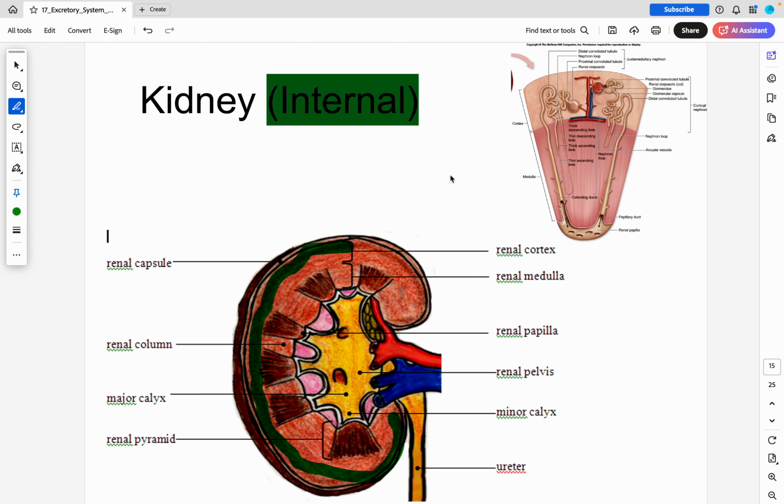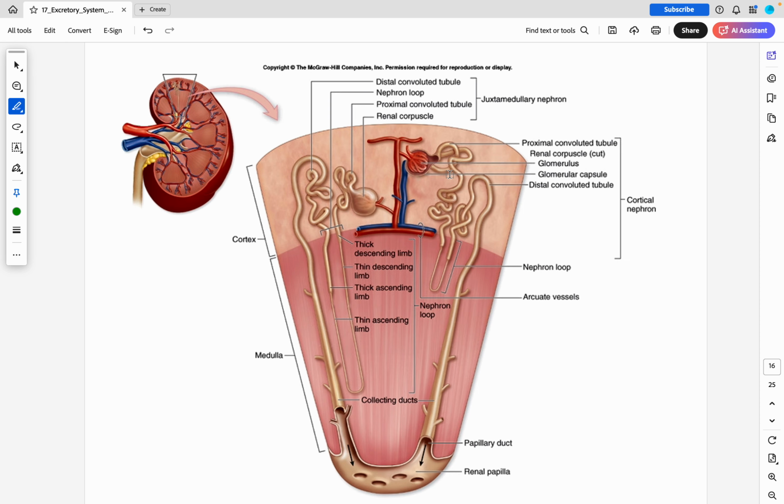Anyway, the microscopic major functional units of the kidneys, the nephrons, you can appreciate here, are associated with both the cortical and the medullary region of the kidney: the outer layer and the inner layer.